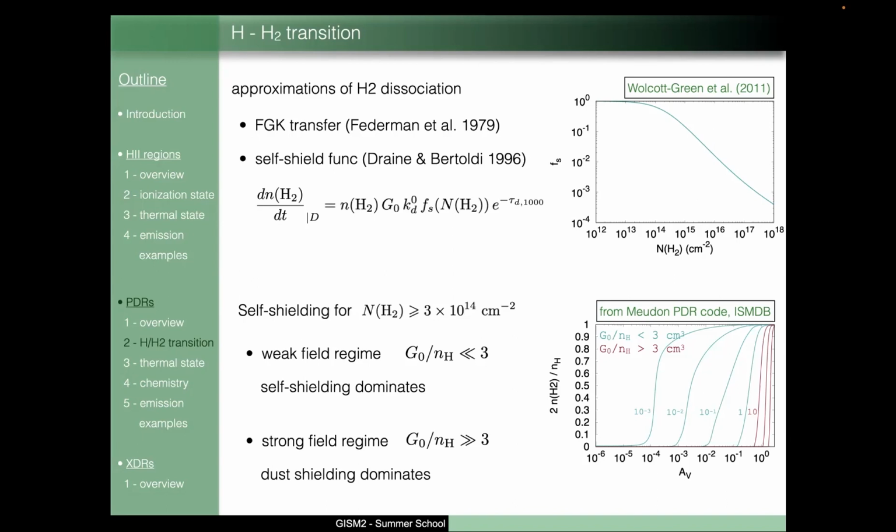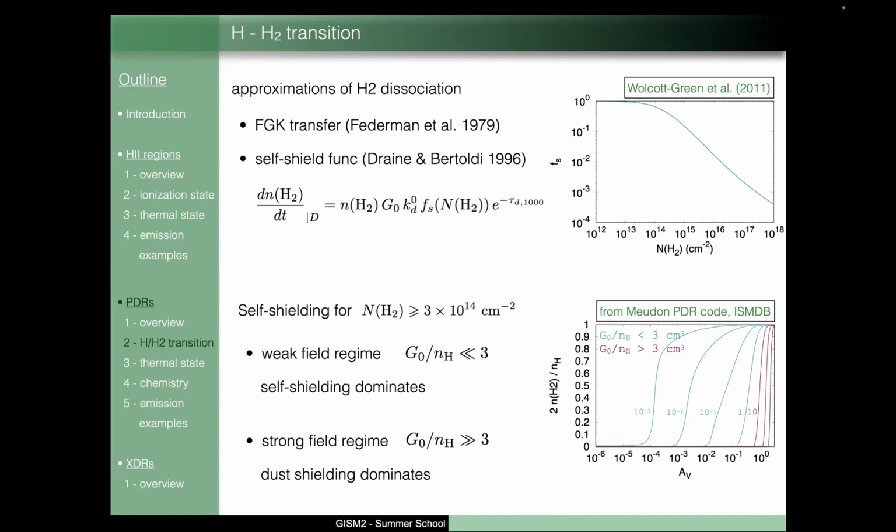So these are the results of the Meudon PDR code taken from their database of pre-computed models. And what this shows is basically that for low values of G0 over NH, the H to H2 transition strongly depends on the value of G0 over NH. When it changes by a factor of 10, the transition changes by a factor of 10, okay? This is the effect of self-shielding.